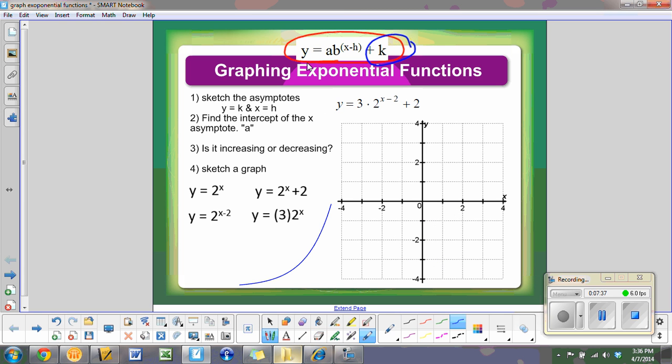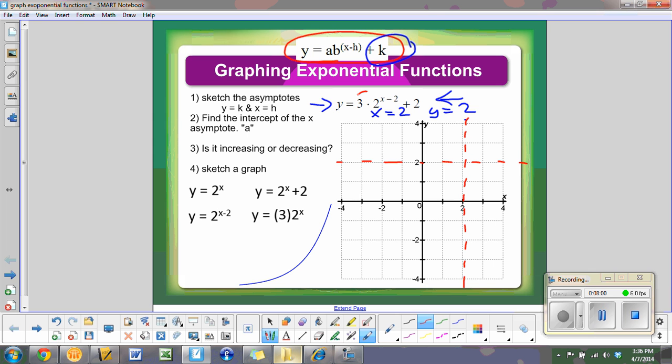At this point, I'm going to have all of these things. So I am going to have x equals 2 and y equals 2. So I'm going to have an asymptote here and an asymptote here.